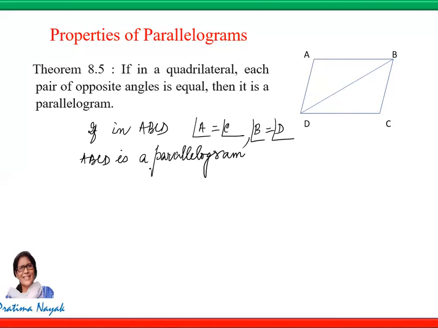This is the second condition for a quadrilateral to be a parallelogram, that opposite angles are equal. So what is the first condition? First condition was opposite sides are equal. Second is opposite angles are equal. Then it will be a parallelogram.